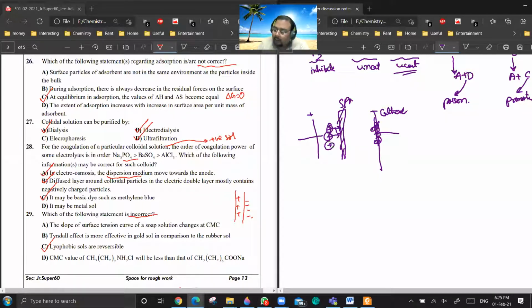The colloidal particles cannot pass through the semi-permeable membrane. So in that case, the medium will start moving in the reverse direction. If your colloidal particles are positively charged, then the medium will acquire what? Negative charge. And if it acquires negative charge, it will move towards what? Anode. Is it clear? That's very good. So other than that, I think B and C are basic things.